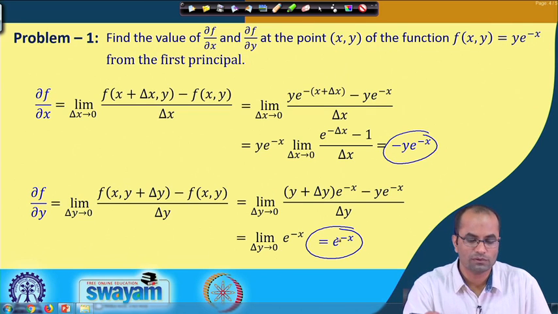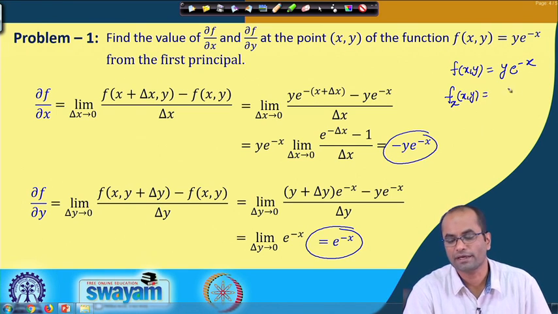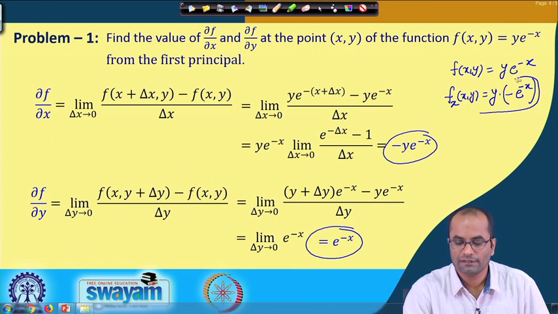We can also compute this directly, because this function is given as f(x, y) equal to y e power minus x, and the partial derivative with respect to x at the point x, y: keeping y constant, treating y as constant and taking the usual derivative. So, y will remain as it is, and the derivative of e power minus x will be minus e power minus x. So, we have the partial derivative with respect to x, which we have already seen here, minus y e power minus x.